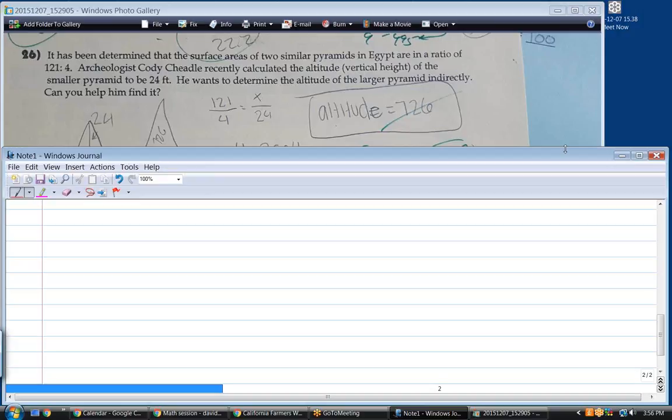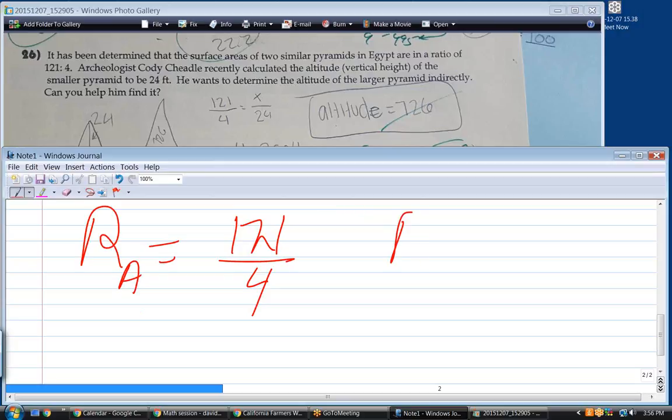So they're telling us the surface areas of these two pyramids have a ratio of 121 to 4, big pyramid to little pyramid. That is the area ratio. What's the linear ratio? 11 over 2.